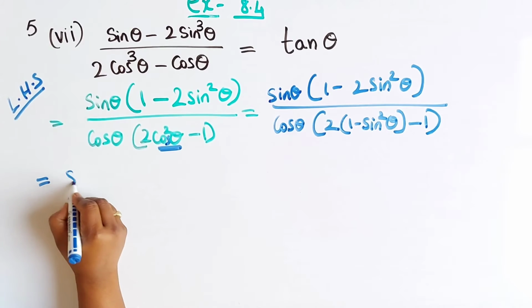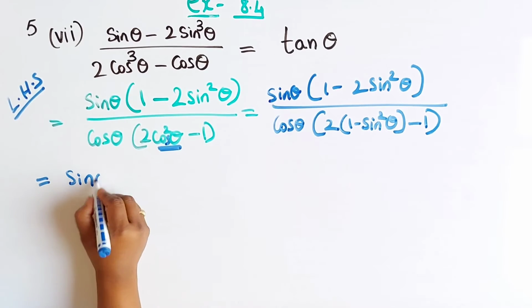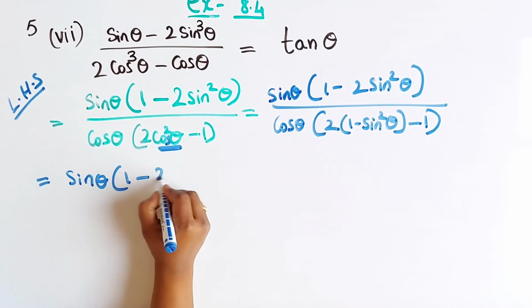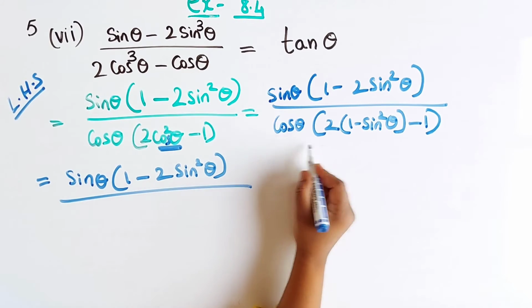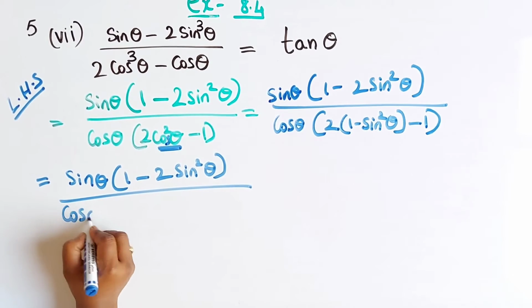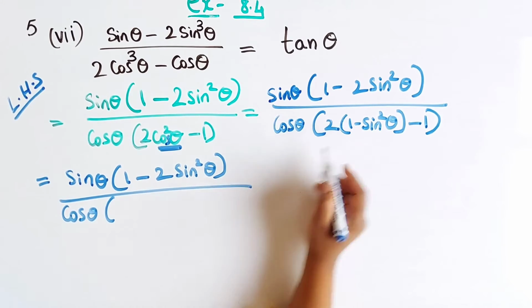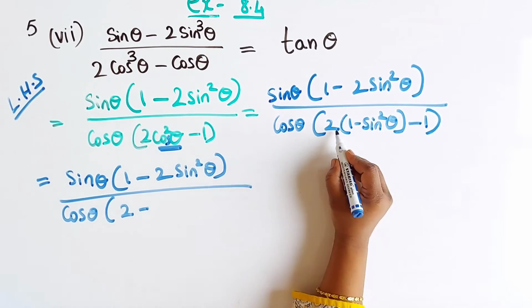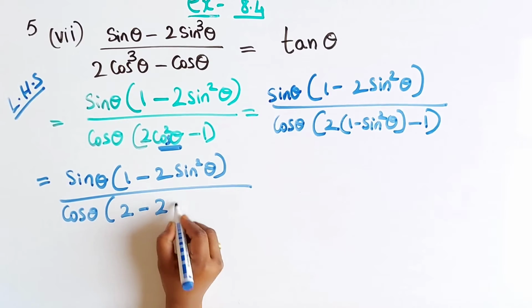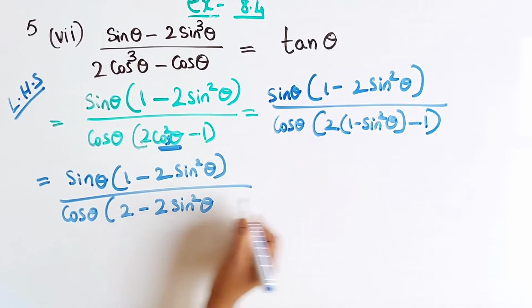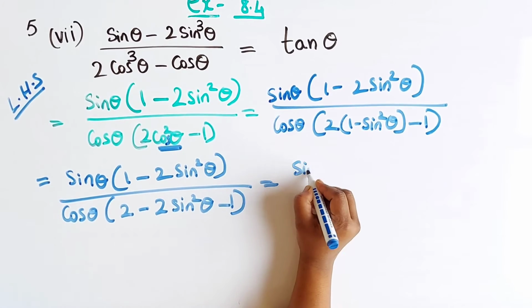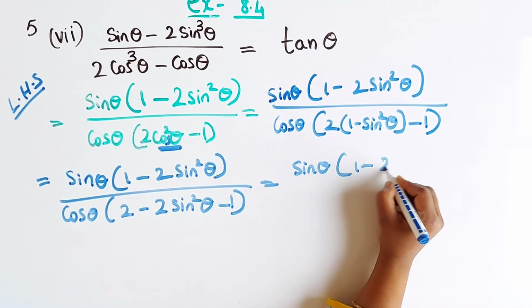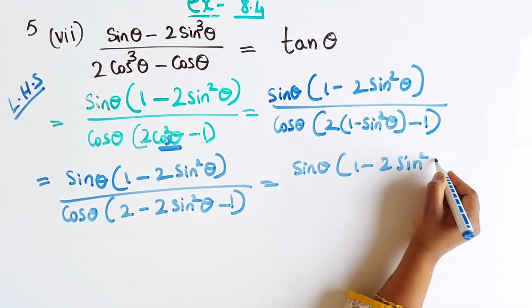Now see here, numerator I am writing as it is, sin theta into (1 minus 2 sin square theta) divided by denominator cos theta into 2 into 1 minus sin square theta, minus 1 here. Now see, numerator is sin theta into (1 minus 2 sin square theta).